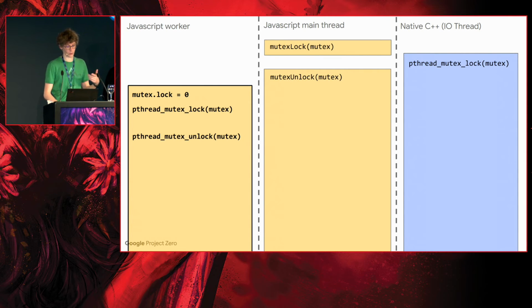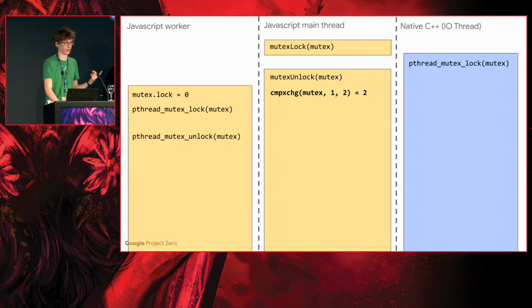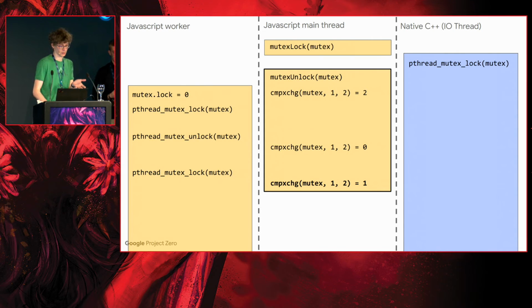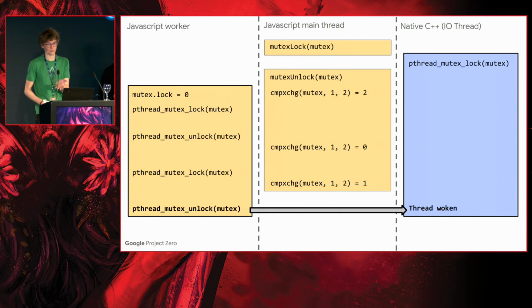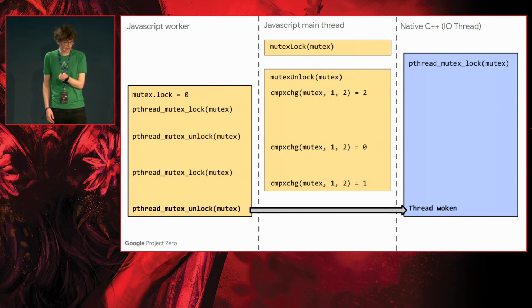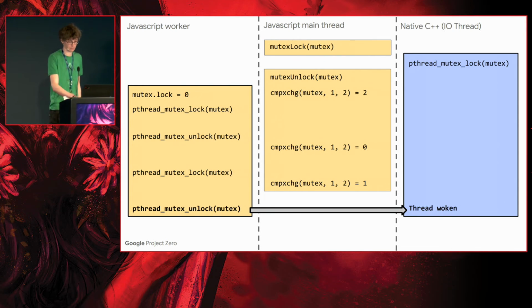While it's going, we race it in the main thread, and we try to flip the bit which says somebody else is waiting on this mutex. In this case, we lost. We lost again. But eventually, the main thread will flip this while the worker thread is holding the mutex. Then when the mutex is unlocked, the IO thread wakes back up, and we can continue. Pretty cool.